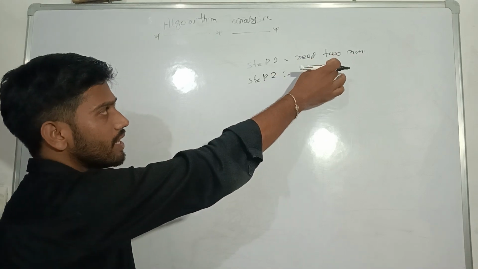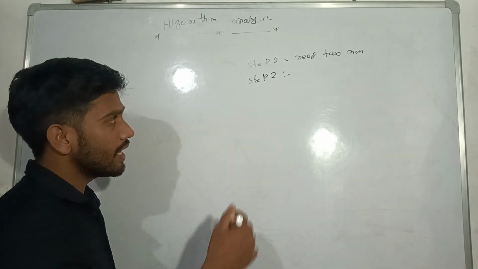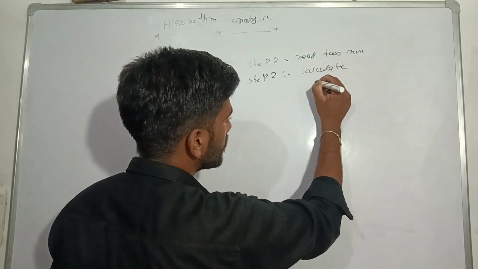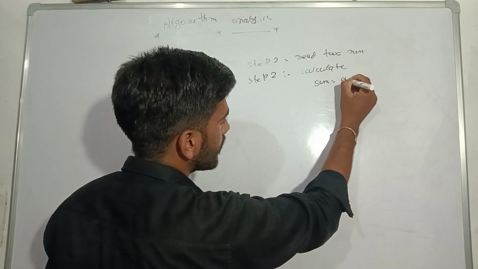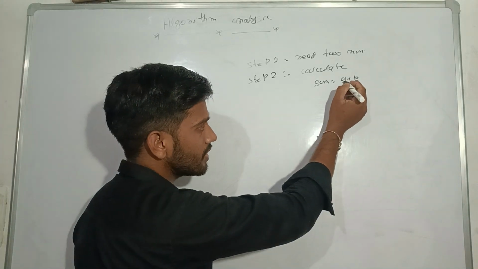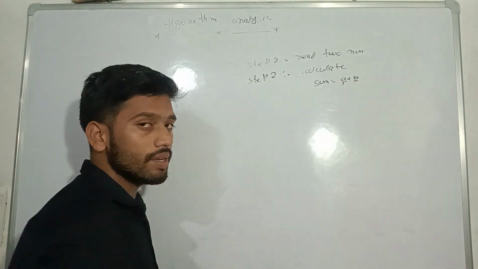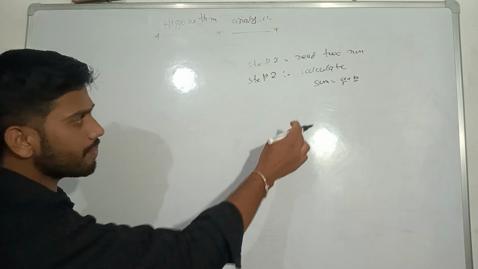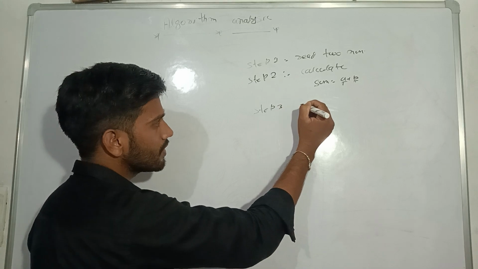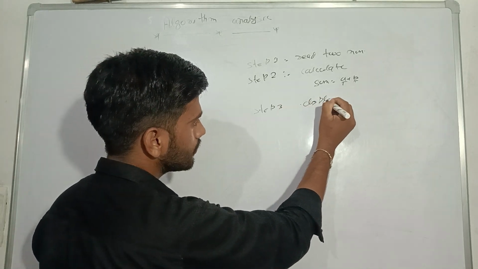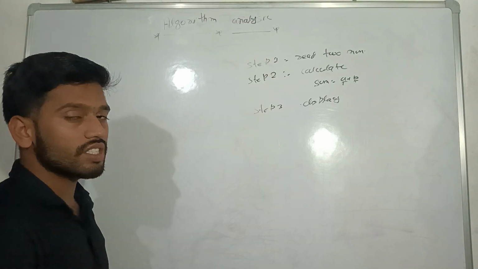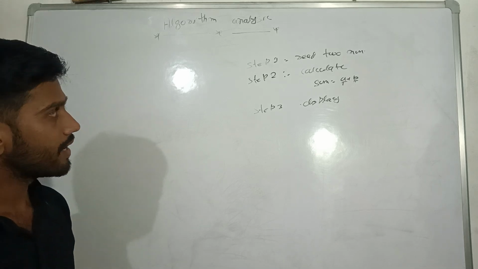Step two, when we have read the two numbers, then we have to calculate: sum is equal to a plus b. Suppose that we have stored the two numbers in two variables, the first one is a and the second is b. When we have calculated these two numbers, then we have to display. Step 3, display. Then all this step by step instruction is called the algorithm, right?